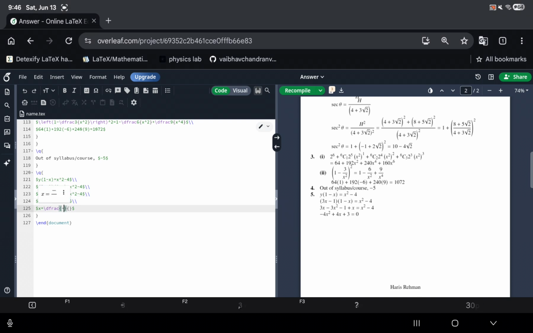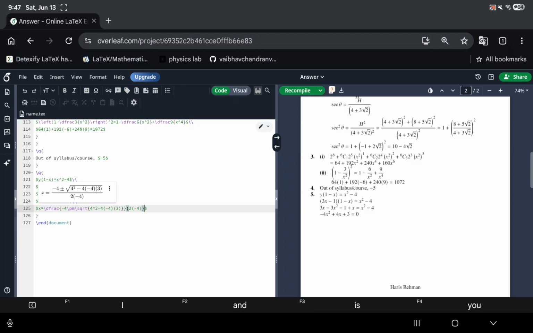X is equals to negative 4 plus minus the square root of 4 squared minus 4 times negative 4 times 3, over 2 times 4.